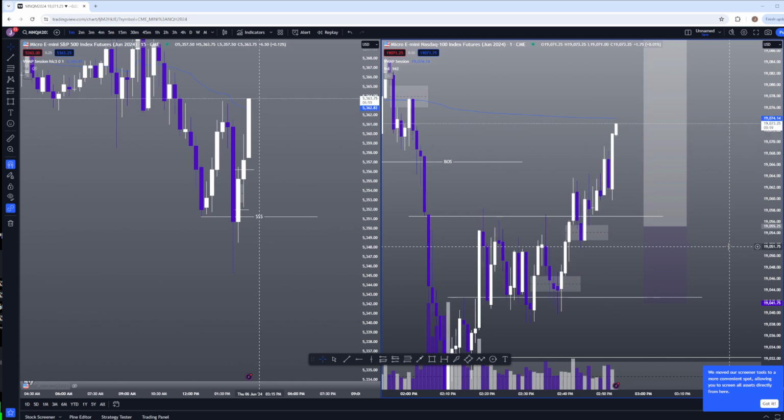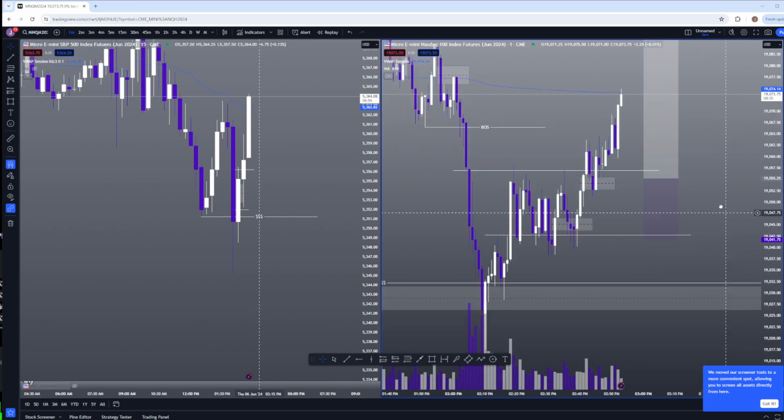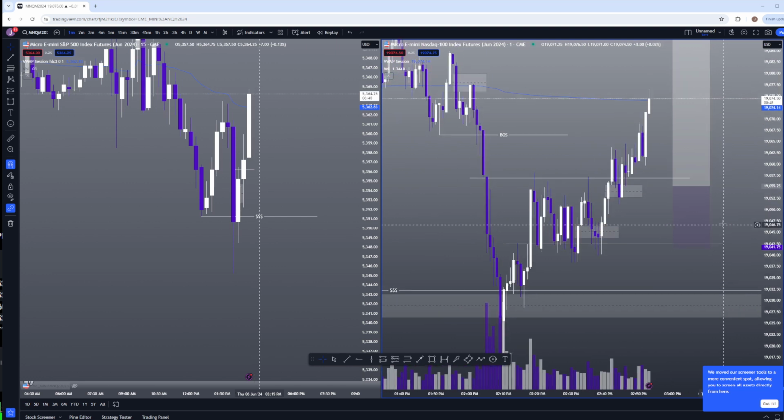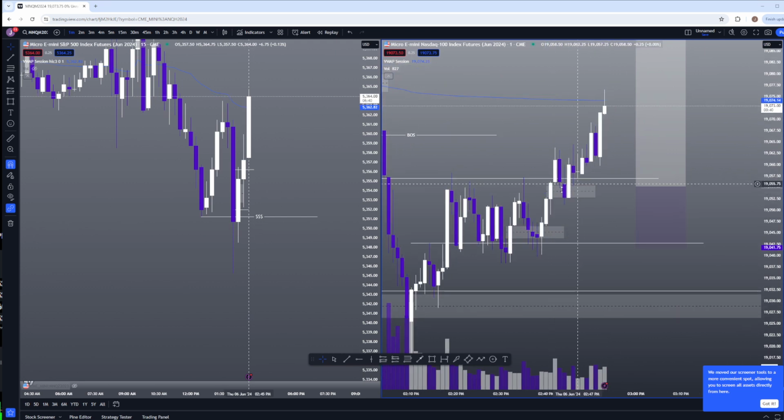Yeah, technical issues are never fun. All right, so we're seeing that pump. Obviously, there's a few entries I was thinking about taking, but I really didn't love the entries that I saw. Again, we talked about this 1 minute fair value gap down here. Talked about that 1 minute right here.